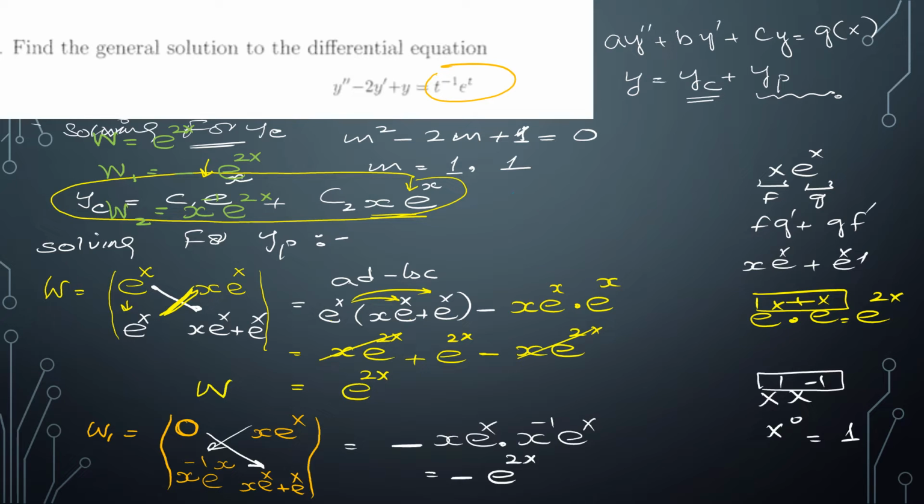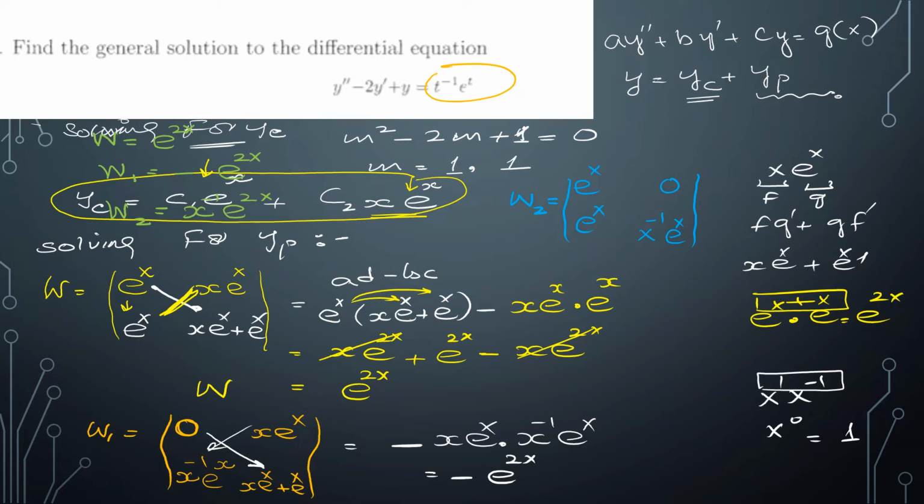I will find Wronskian 2 by keeping the first column of the actual Wronskian as it is, and changing the second column to 0 and g of x, that is x to the power negative 1 e to the power of x.